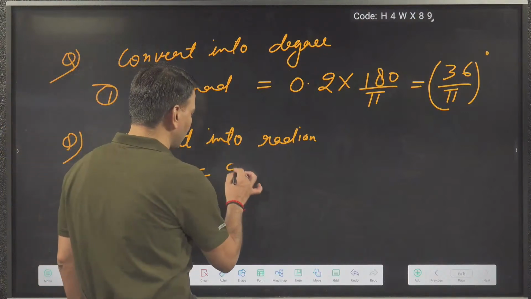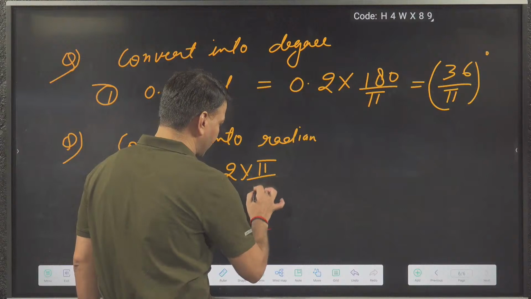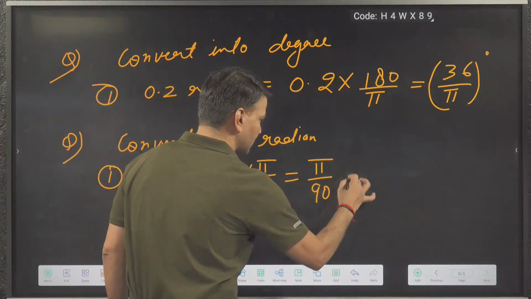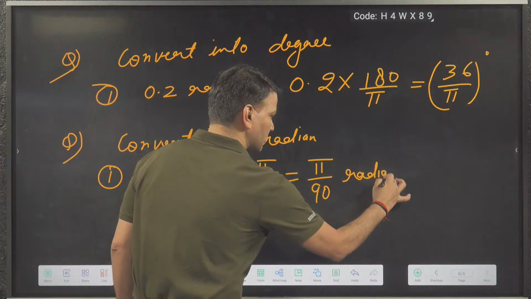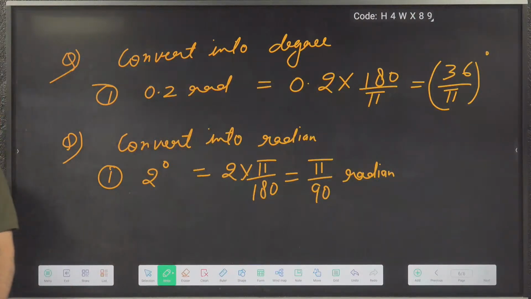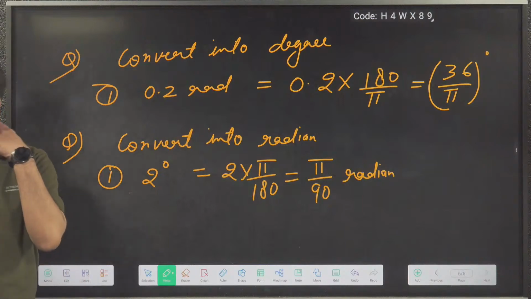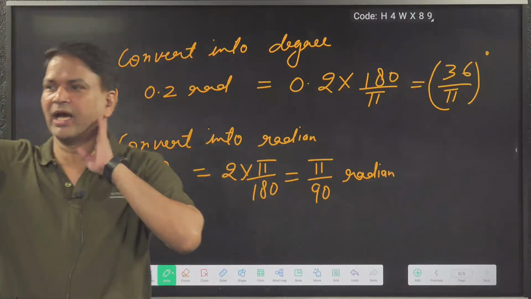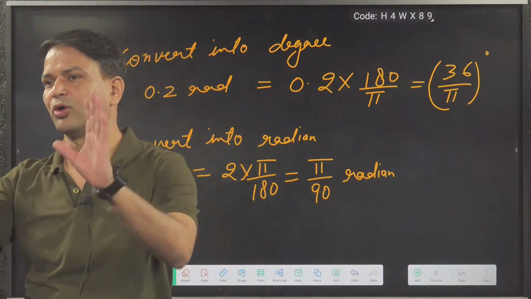Then 2 into pi by 180. So what will we get? Pi by 90 radian. Now everybody got how to convert degree into radian and radian into degree. Again, when it is required, I will recall all these steps throughout the year.